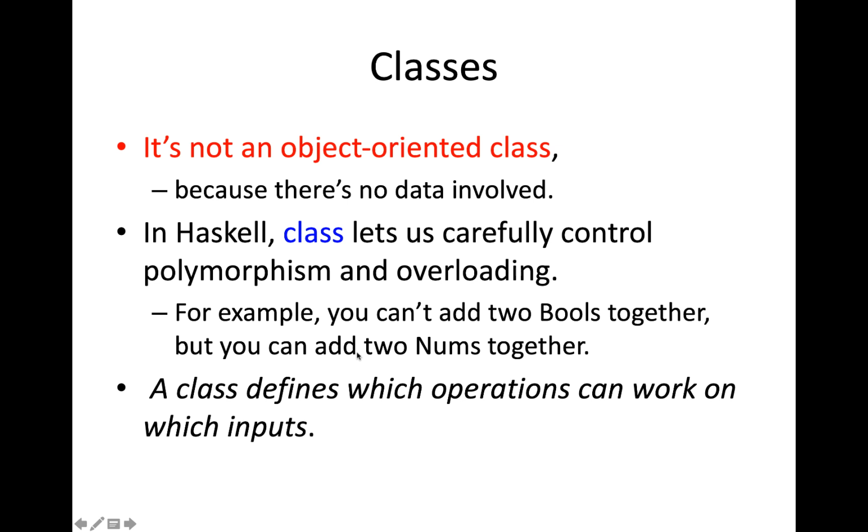As an example, you can't add two bools together. So Bool is a type, or I should say Bool is a class, and we can't add two bools together. So somehow this class information controls what operations can be done. We can't add two bools together, but we can add two nums together. I think that makes sense.